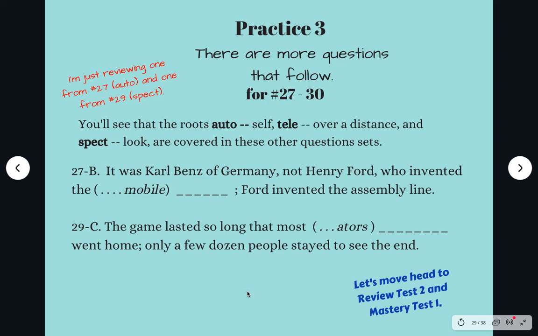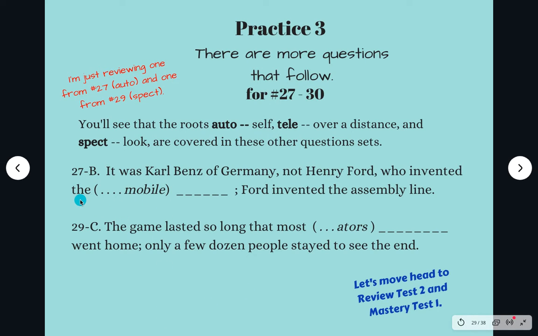All right. Okay, for practice 3, numbers 27 to 30, I kind of condensed this. So you'll see that the roots auto for self, tela over a distance, and spect are some of the ones that are there, as well as audi or audit for hear. So you can look over those. We can just do this one right here.